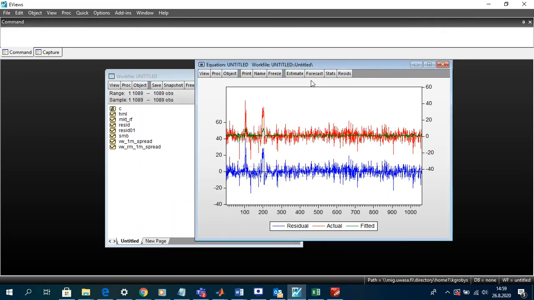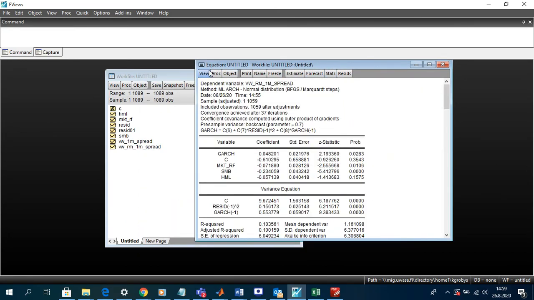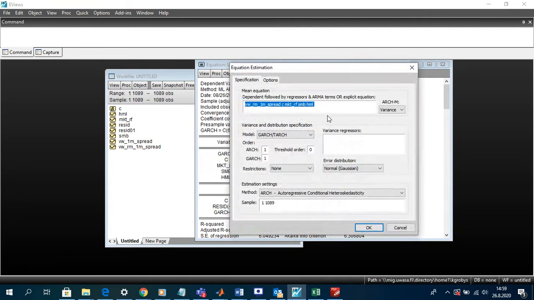So actually what we have to do is go back to our EViews workfile, go to Proc, Estimate. Let's take the standard model in the mean equation. Let's take away the value factor, size factor, and market factor. So let's just have the standard GARCH-in-mean model, where we have the variance in the mean equation. Or we can also just take the standard deviation, it doesn't matter.